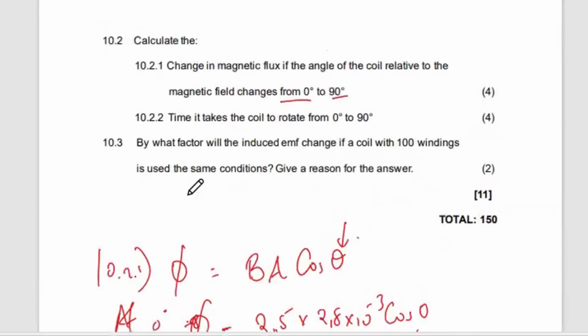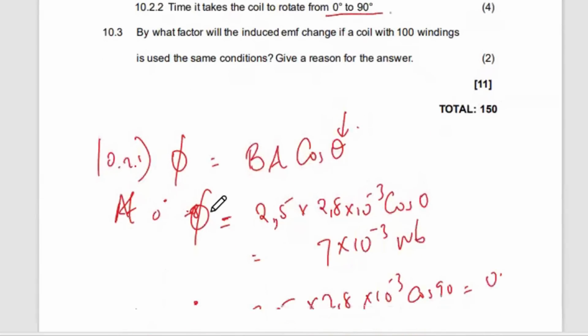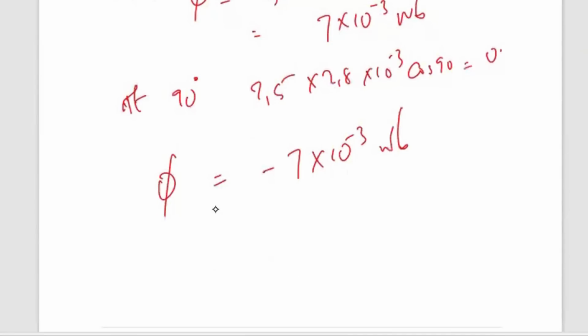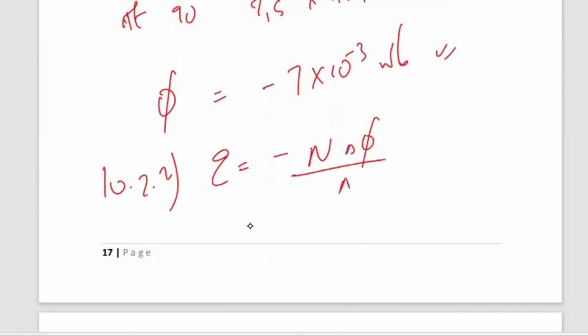Then 10.2.2, they want us to get the time that it takes for the coil to rotate. Since we got our change in flux as negative this, we know from the formula that EMF is negative N delta phi over delta T.